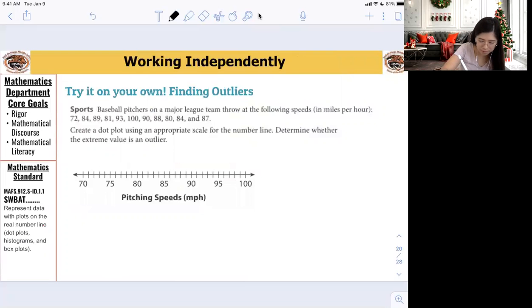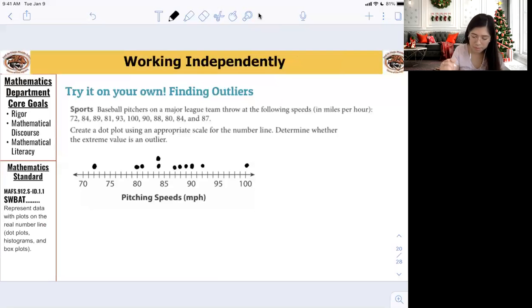So I've got 72, 84, 89, and this is all out of order, so I'm going to have to put it in order soon. 81, 93, 100, 90, 88, 80, 84 again, and 87.